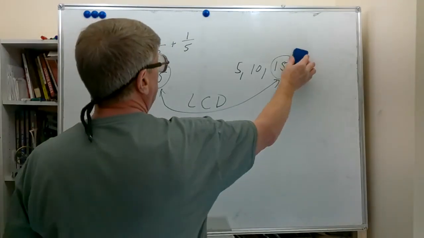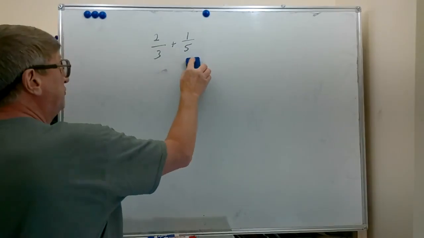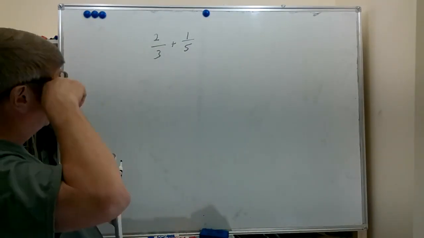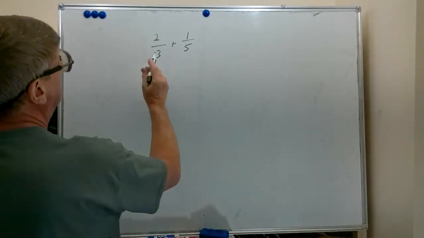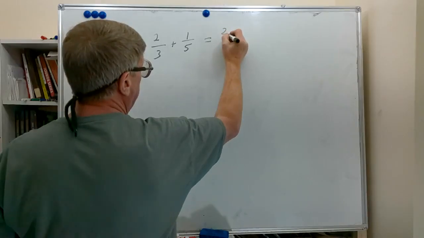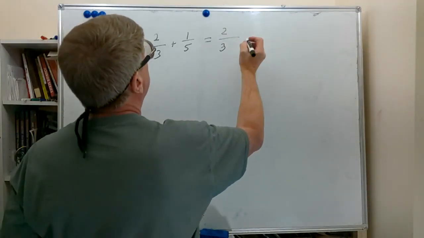So we want to put these two fractions, we want to find equivalent fractions for each of them with a denominator of 15. Well, 3 times 5 is 15, so we can deal with the 2 over 3 by multiplying the numerator and the denominator by 5.